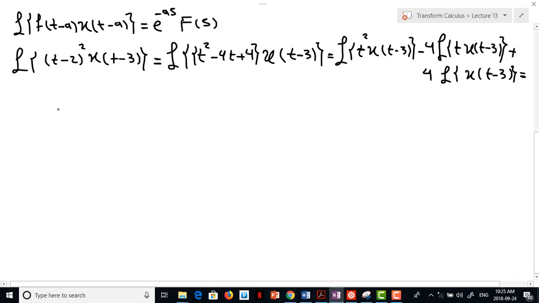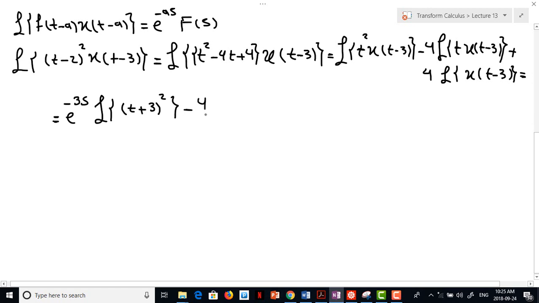So for the first part, based on the alternative of the second translation theorem, it's equal to e to the power of minus as, which is minus 3s, Laplace transform of (t plus 3) squared.